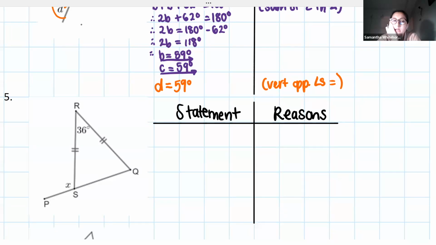Remember your reasons as well, grade 8. And I'm going to try those English words again.